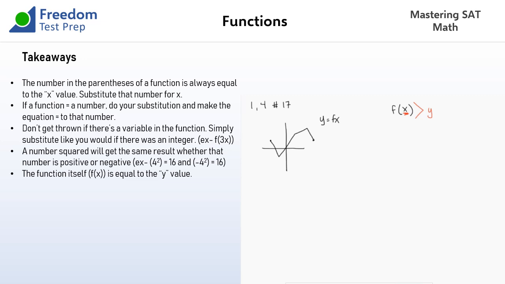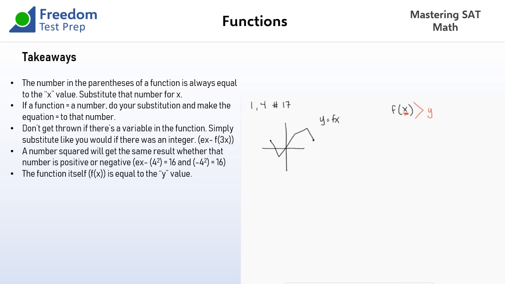It says the complete graph of the function f is shown in the xy plane above. Blah, blah, blah. Whenever there's a picture, the first sentence always describes that picture. Here's the important part. For what value of x is the value of f of x at its minimum? Well, remember when I said we'll probably do a problem where this becomes important? Well, here it is.